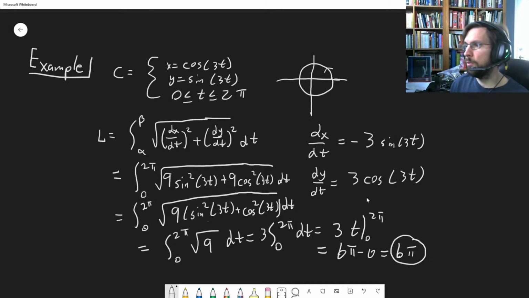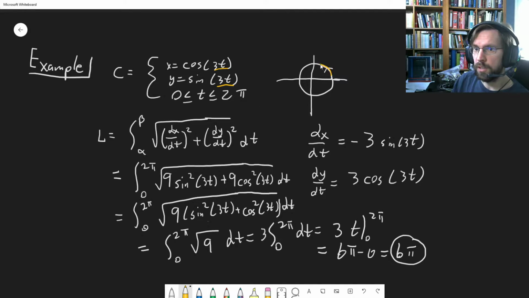Okay, so what happened between this one and the last one? In the last one, we integrated from 0 to 2 pi with x equals cosine t and y equals sine t, and we saw that we went around the circle once. What's going on here is notice the argument of cosine and sine has changed. So we're not going around the circle only one time, we're really going around the circle 3 times.